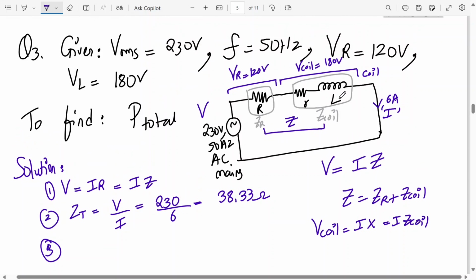So how will you find Z coil? Z coil is V coil, which is 180 volts, divided by the current flowing. So Z coil is given by V by I coil, which is 6 throughout because it's a series network.